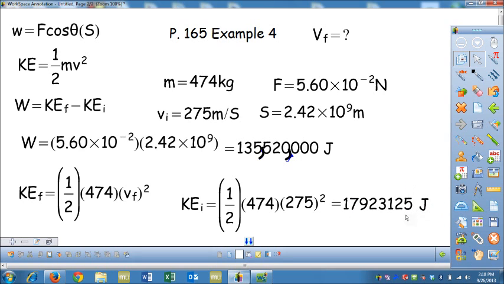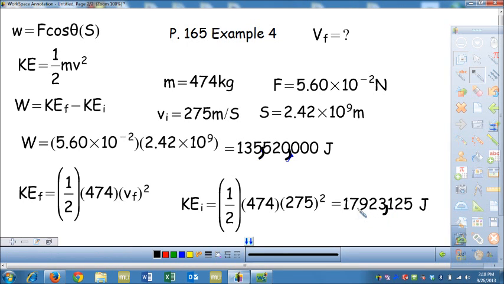Just like work, energy is in units of joules. Okay, so that's our initial energy.